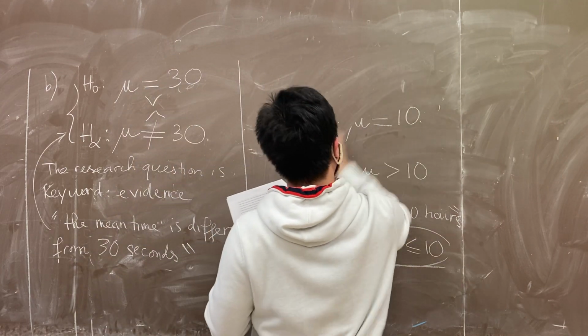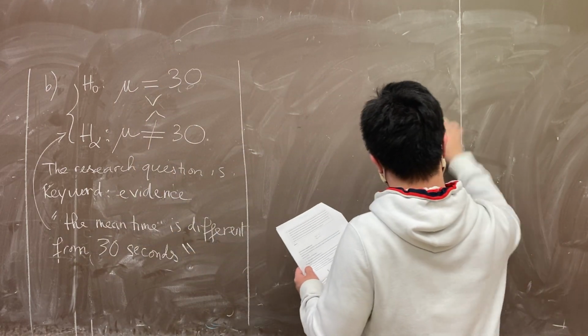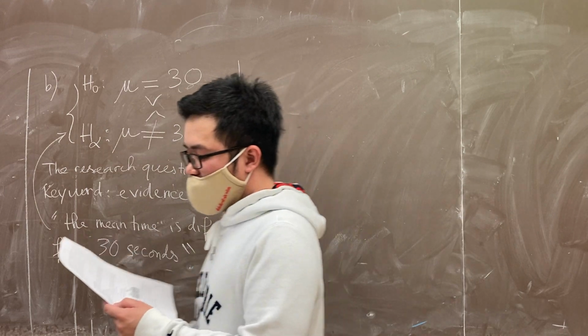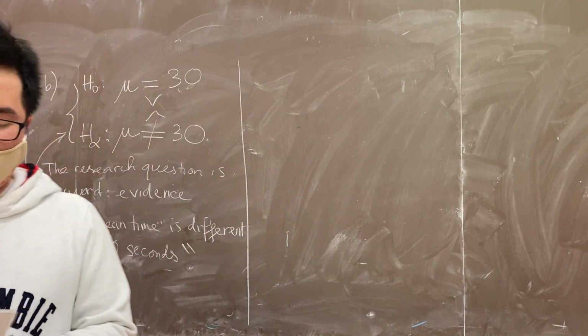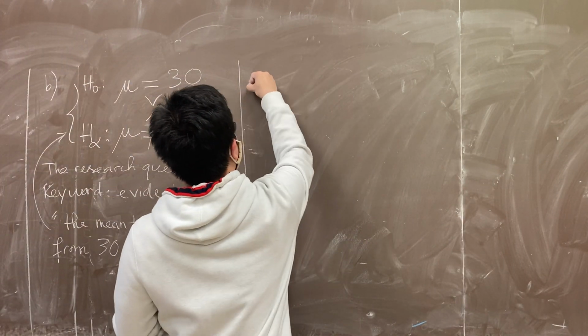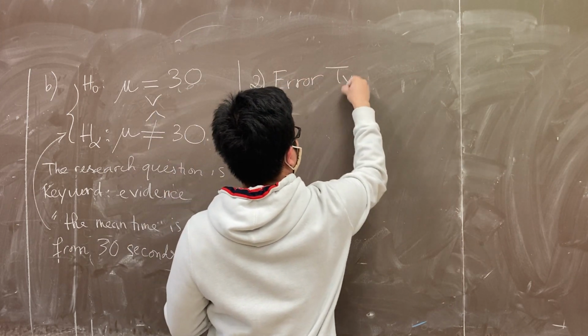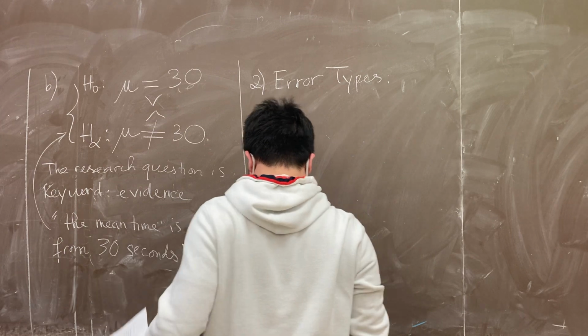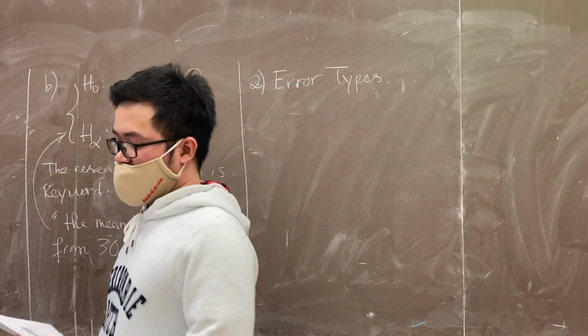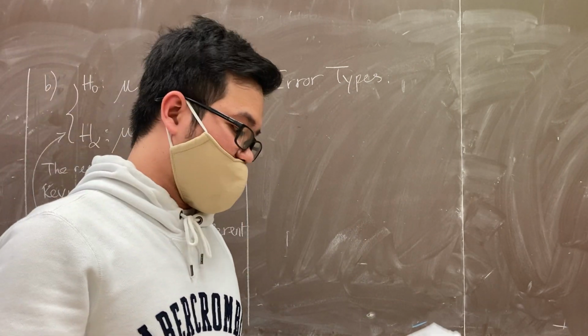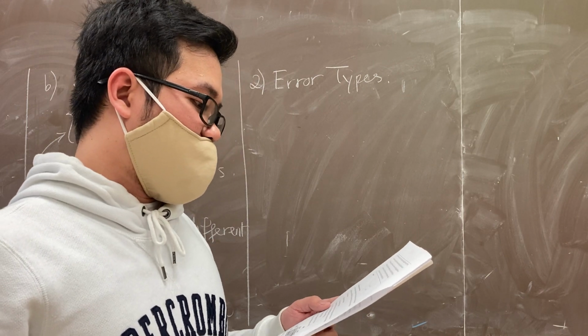Okay, so now I move on to section 2. Section 2 is the error type in hypothesis test. I have error type here. Okay.